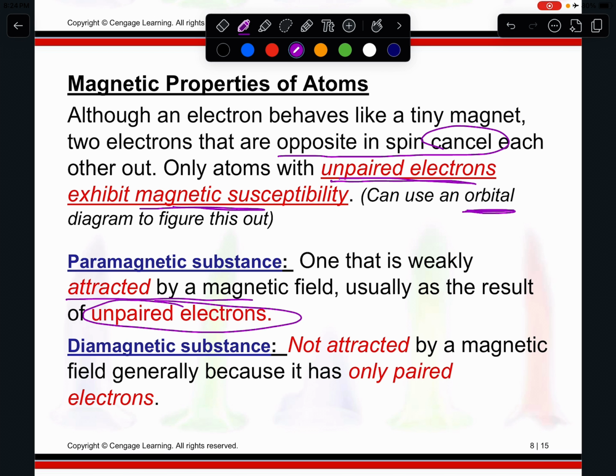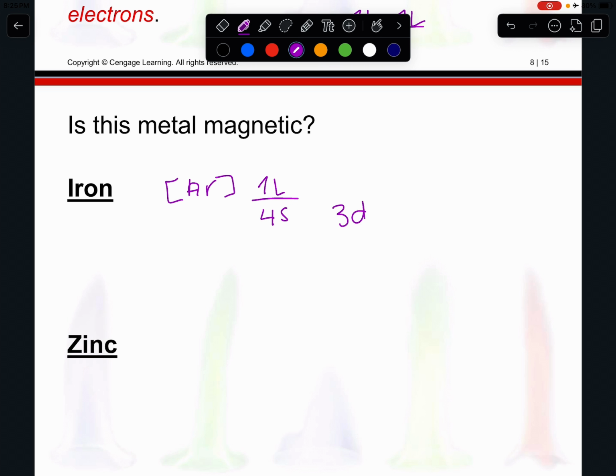Is this metal magnetic? So to do this, let's go ahead and draw our orbital diagram. You may need to do the electron configuration before you do the orbital diagram, and that's perfectly fine. I'm going to do an orbital diagram quickie version here because we've been doing quite a few of these. So I'm going to put argon in brackets, and I'm going to cheat and do the 4s and then the 3d.